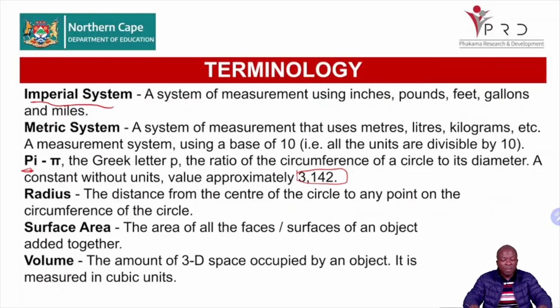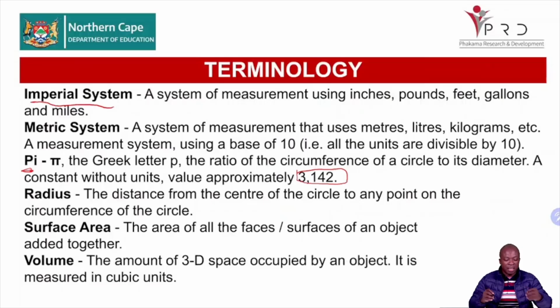Then we have radius. Whenever we see radius, you must know it is half of the diameter. Or you can say it is the distance from the center of the circle to any point of the circumference. The reason we are learning these things is because sometimes the examiner will give you questions where they will say, explain the term radius, explain the term circumference, explain the term surface area. So you have to be sure that you do understand what we are dealing with.